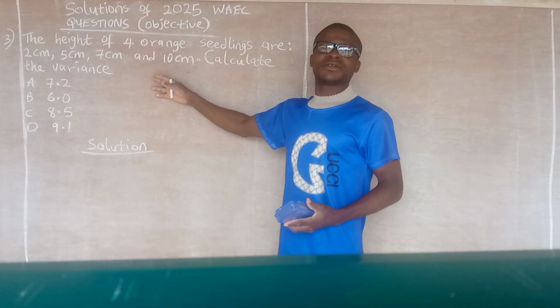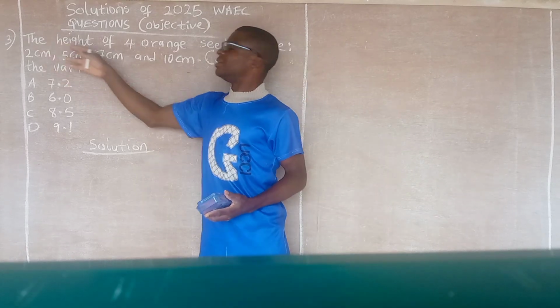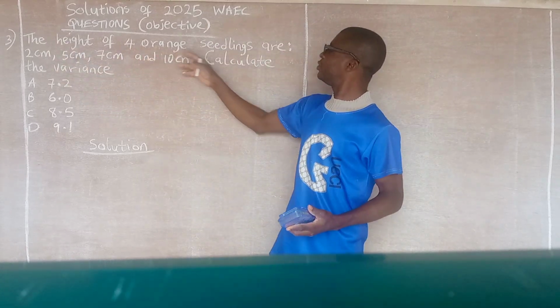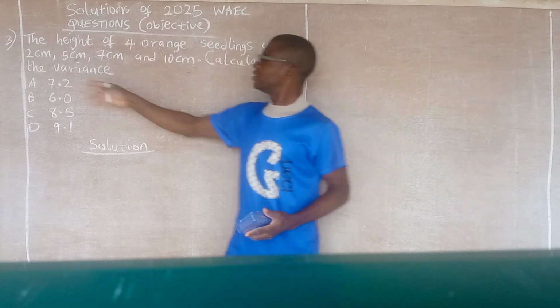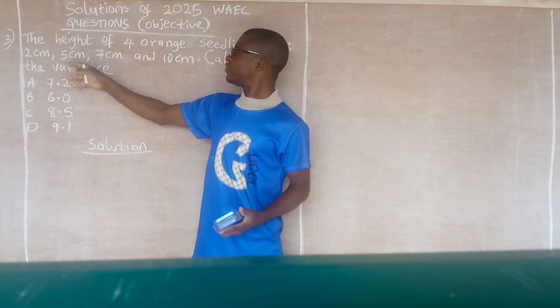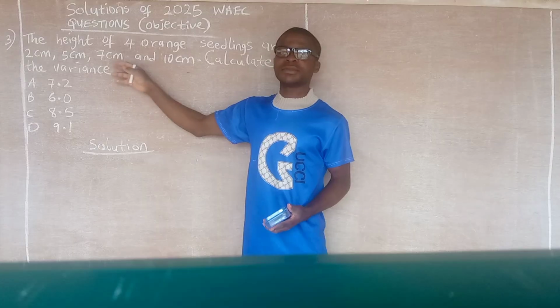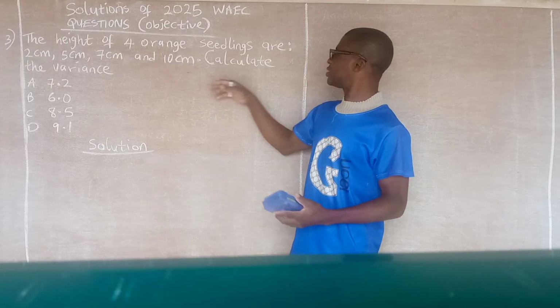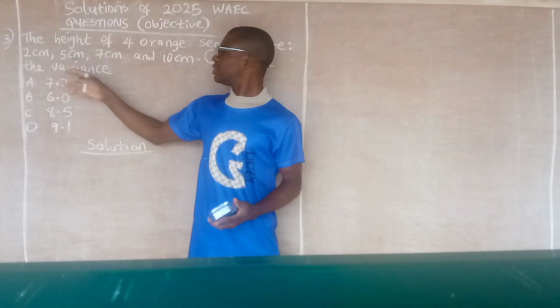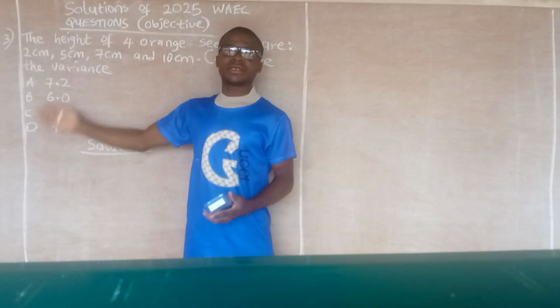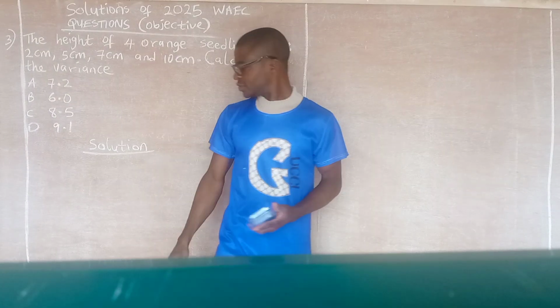The third question says that the heights of 4 orange seedlings are 2 centimeters, 5 centimeters, 7 centimeters, and 10 centimeters. Calculate the variance. These are the options.